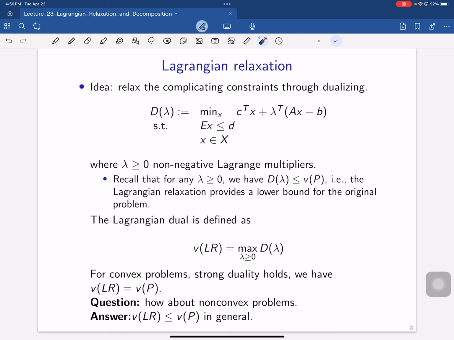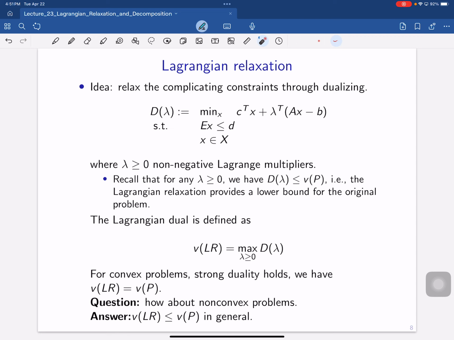And in this problem, it is a minimization problem over X, right? Again, intuitively, you can think about lambda as a penalty on violating these inequality constraints, right? So here, lambda is greater than or equal to 0. The reason is because in the original constraint, we have a less than or equal to 0 constraint, right? That's why lambda is greater than or equal to 0.